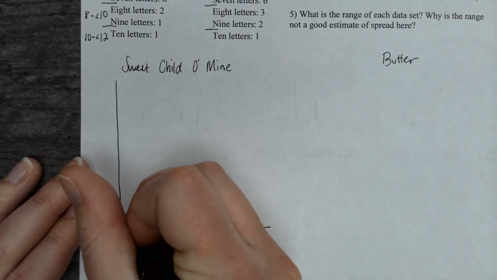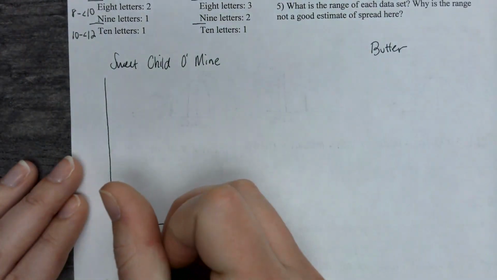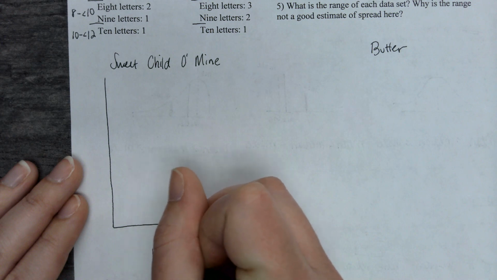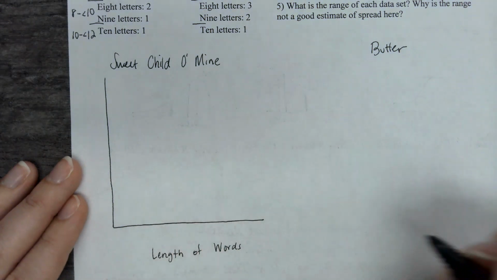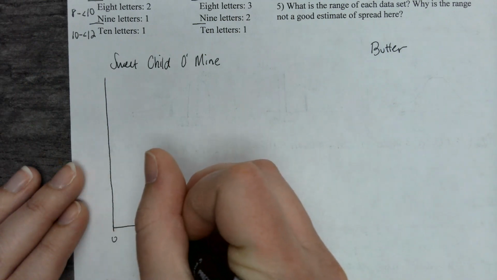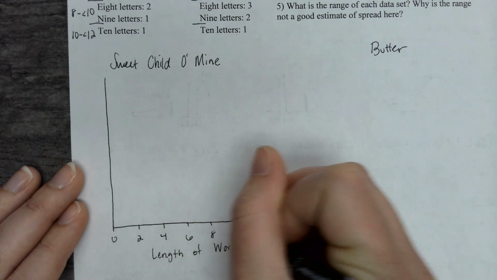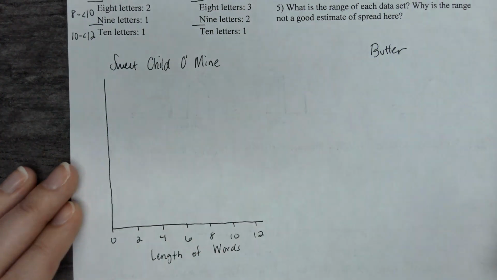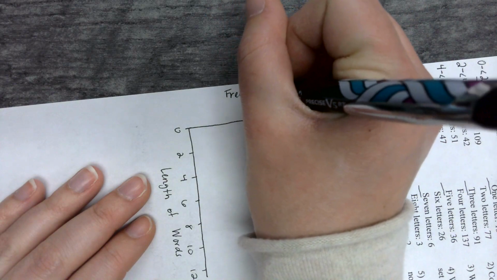Looking here, we have my bins, so this is going to be the length of words. So we'll have my values, length of words, and we have 0, 2, 4, 6, 8, 10, 12.